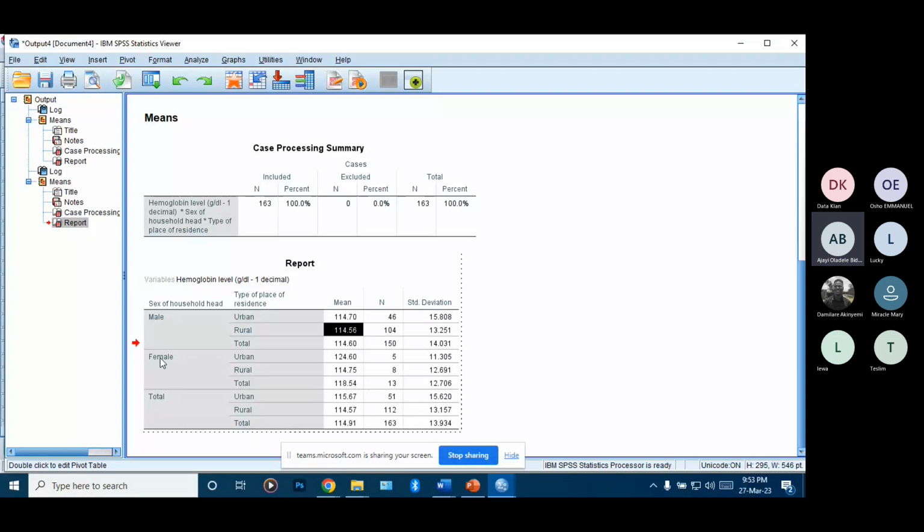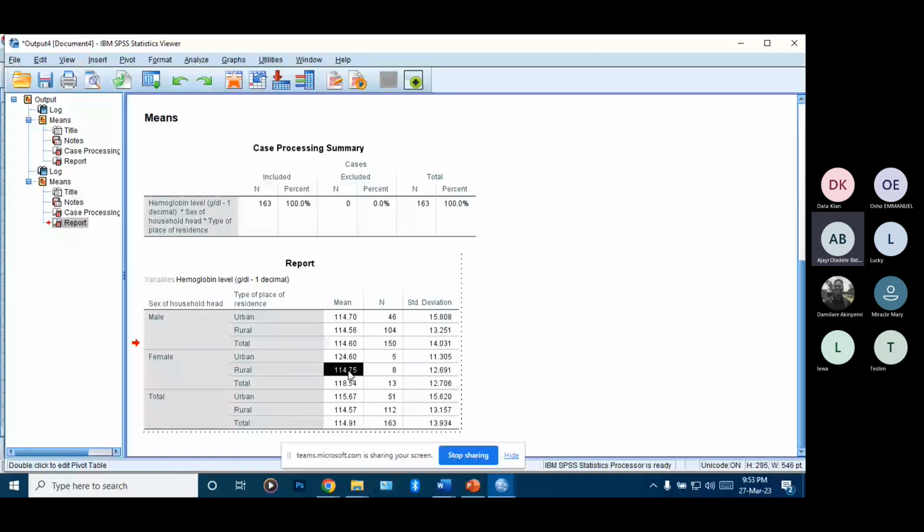As well, for female respondents that reside in urban, their mean hemoglobin level is this one. And for female respondents that reside in rural areas, their mean hemoglobin level is this. That's just what mean comparison does for us.